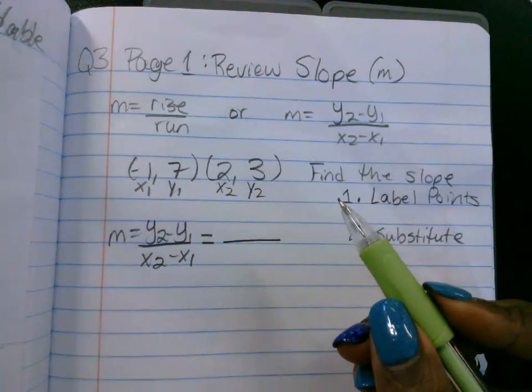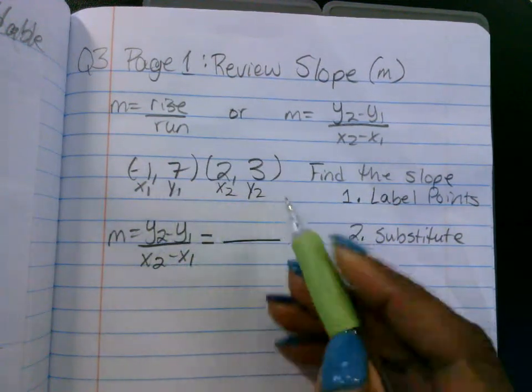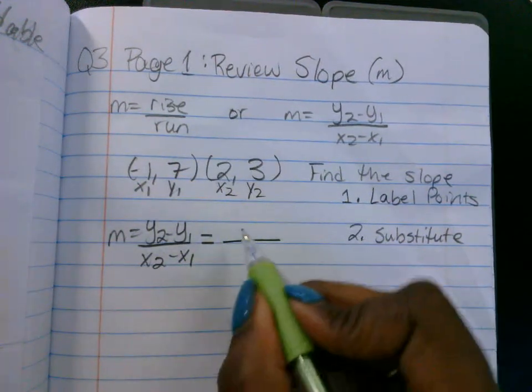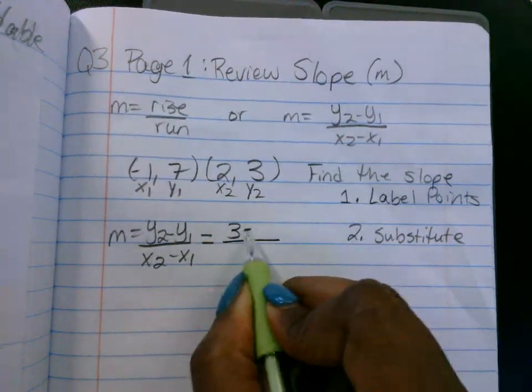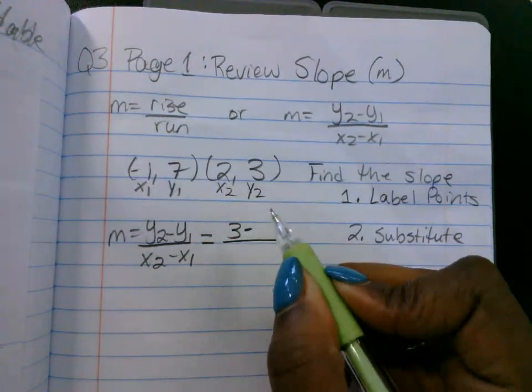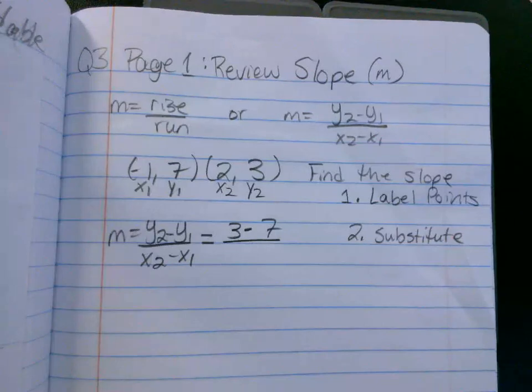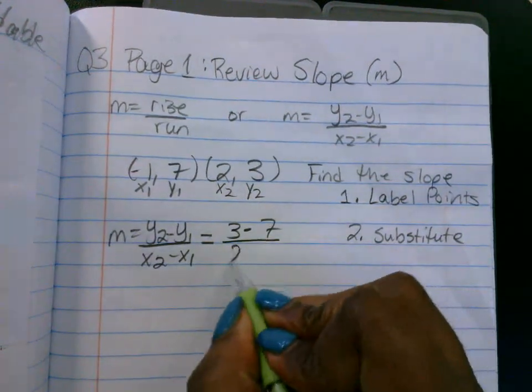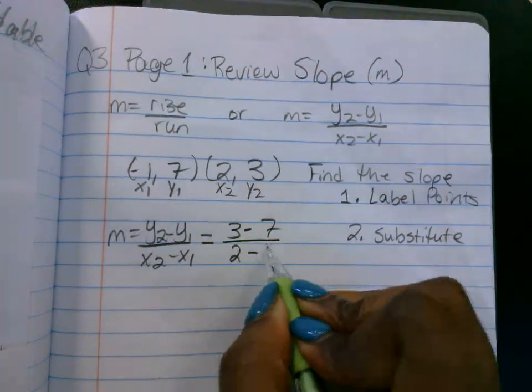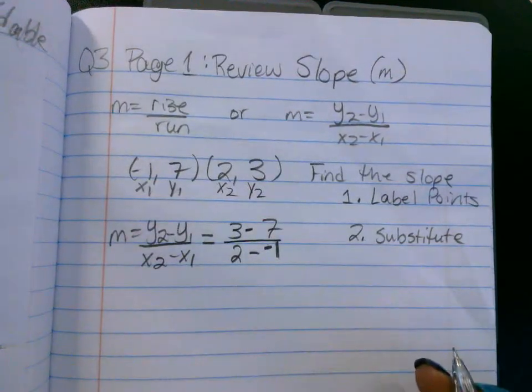What minus what? Which one of these numbers is y2? 3. 3 minus, which is a part of the formula. And what's y1? Good job. On the bottom, what are we going to substitute? What minus what? 2 minus -1. Good job.